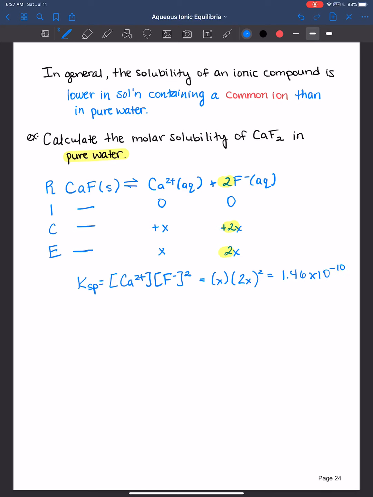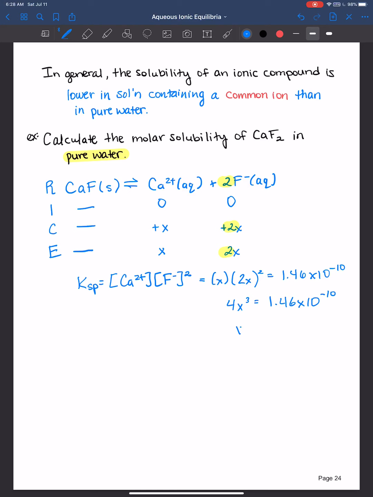Always be very mindful of parentheses here. Sometimes I see students drop parentheses, and so they would have converted this to 2x squared instead of 4x squared. In the end, it turns out to be 4x cubed because we have to multiply that by x, but it's a common error I've seen in the past that I want to make you aware of so you don't make the same mistake.